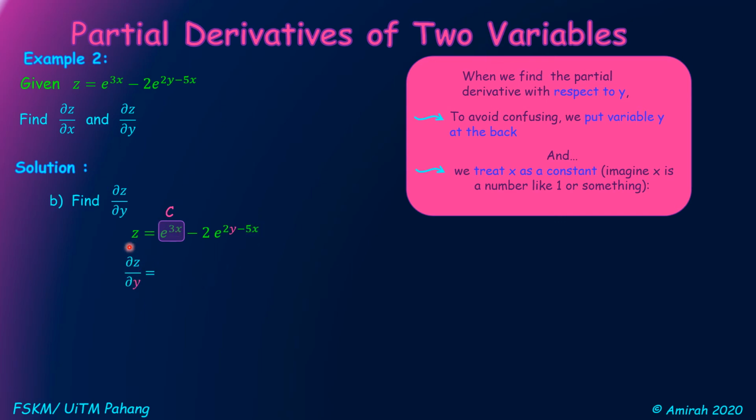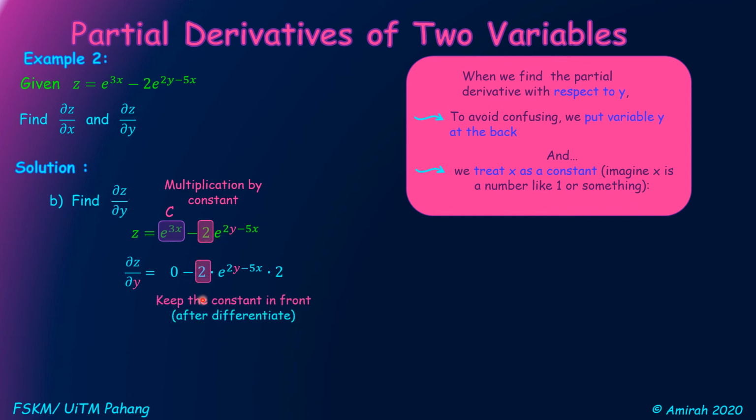When we find the partial derivative of z with respect to y, here we have a constant. So when we differentiate a constant, it becomes 0. So we get this. And then we have multiplication by constant 2 here, so we just keep the constant 2 in front after we differentiate.